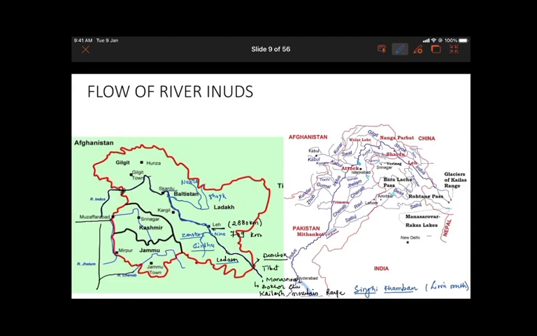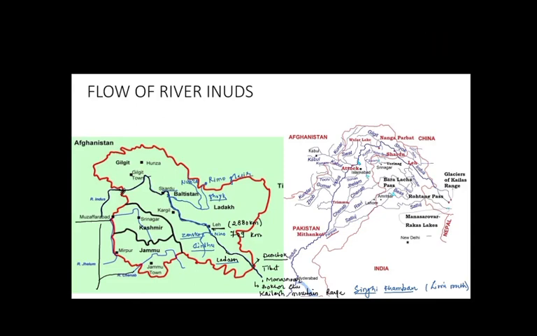This Shyok river originates from the Remo Glacier and Nubra originates from the Siachen Glacier. The Shyok River is flowing through the Shyok Valley in Ladakh and it is joining river Indus. Similarly, Nubra is joining Shyok first and then the combined river is joining Indus near the town of Skardu at a point called Keris.